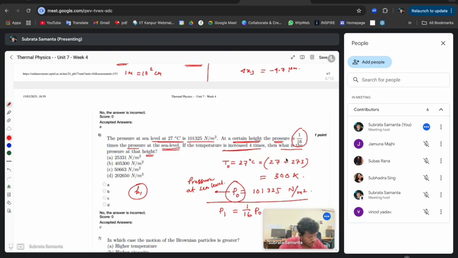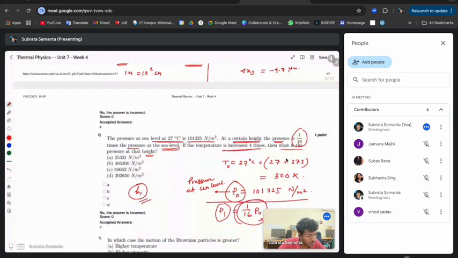So you know P naught is the sea level pressure, and at a certain height H1 from the sea level, the pressure P1 is given as P naught over 16. Now if we increase the temperature 4 times, then what is the pressure at the height H1?